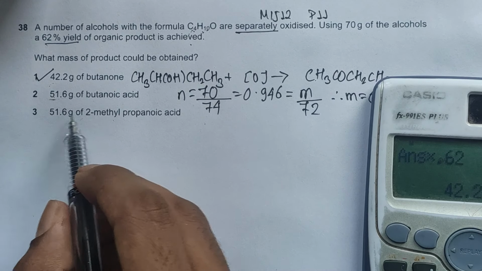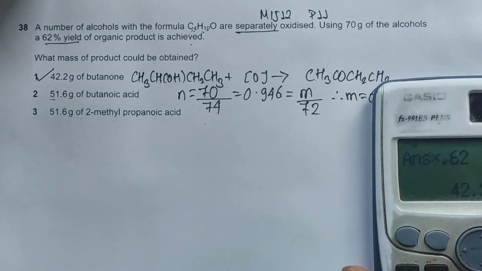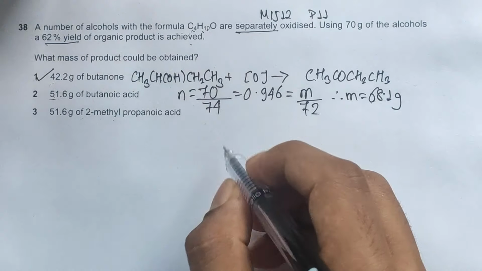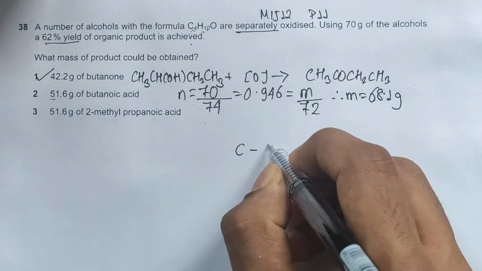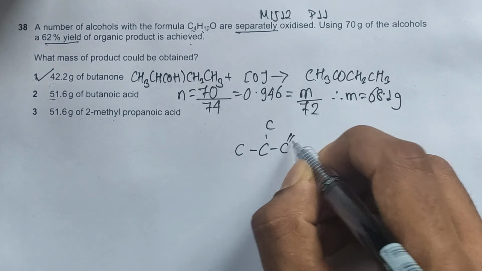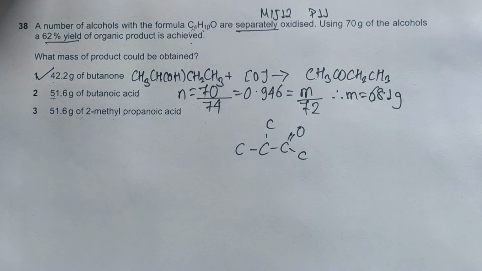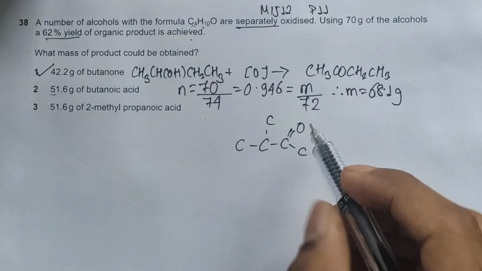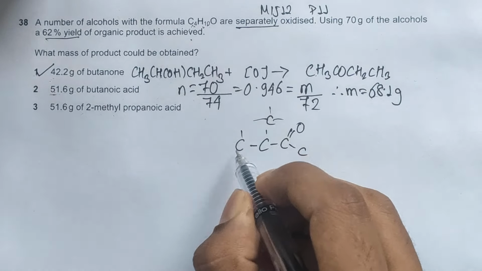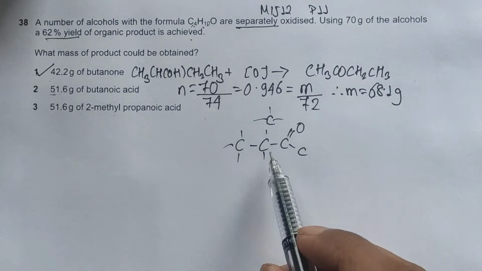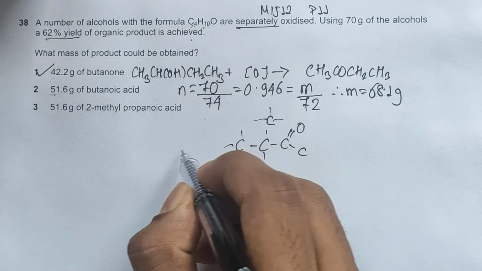Option 3 is 51.6 grams of 2-methyl propanoic acid. Now how do we form 2-methyl propanoic acid? Its structure would be, we'll have 3 hydrogens here, 1 hydrogen here. Now how do we form this?